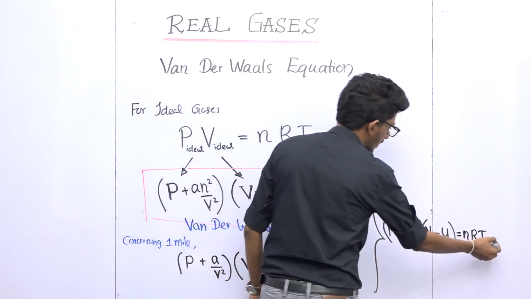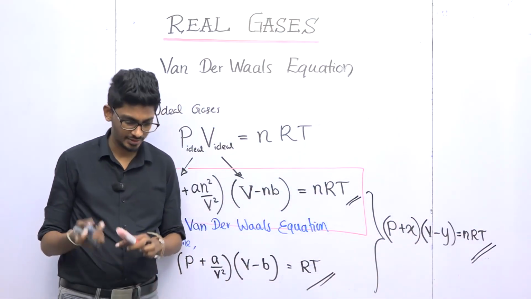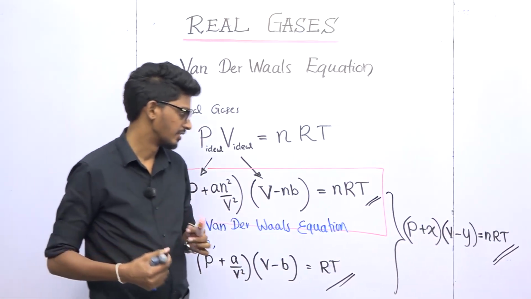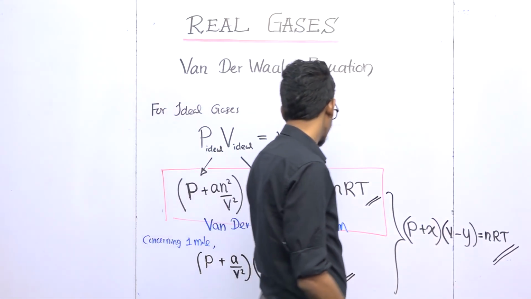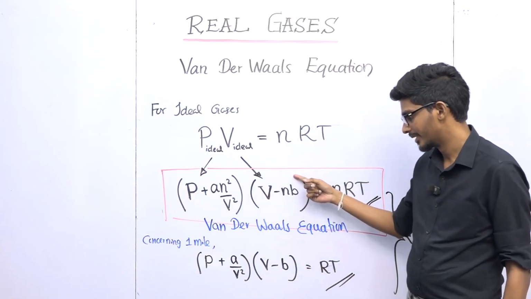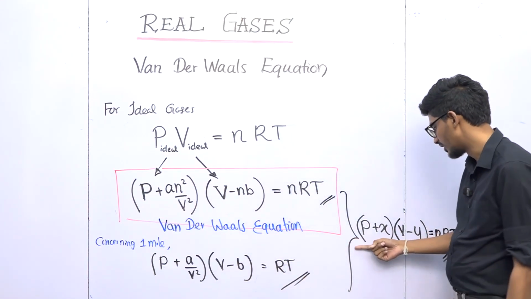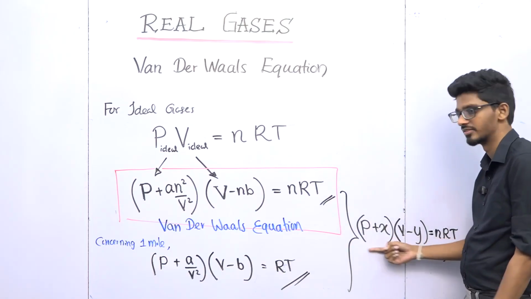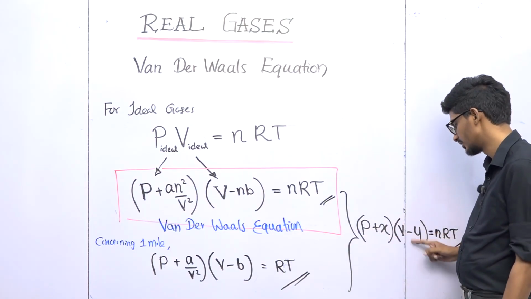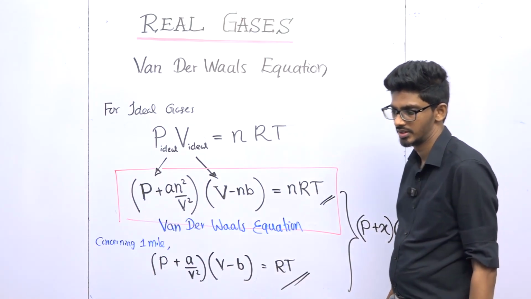Like this also, you can represent the Van der Waals equation. All the forms are okay as the Van der Waals equation, right? This is the best way. Or by considering 1 mole, you can write the same thing as this. Or as a simplified form, you can come up with the Van der Waals equation like this as well. The X is the pressure correction, Y is the volume correction there, right?